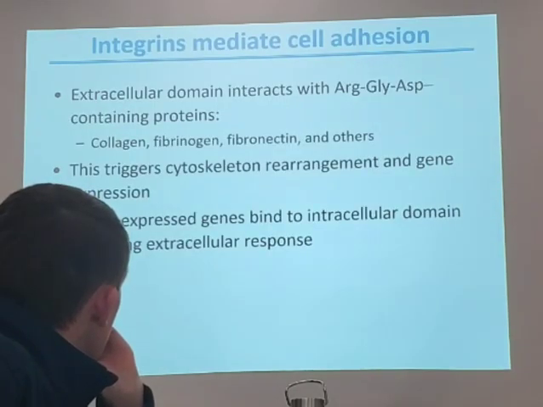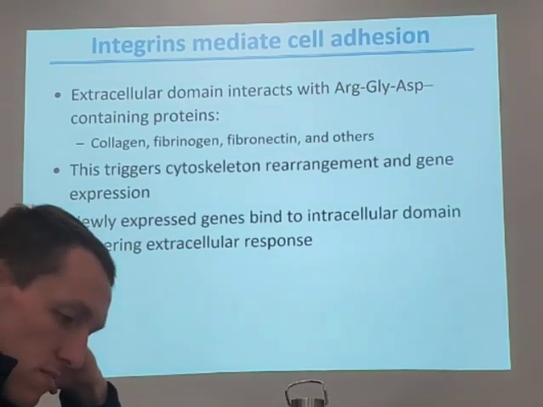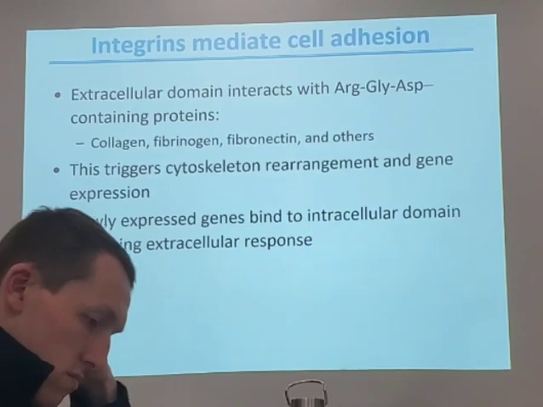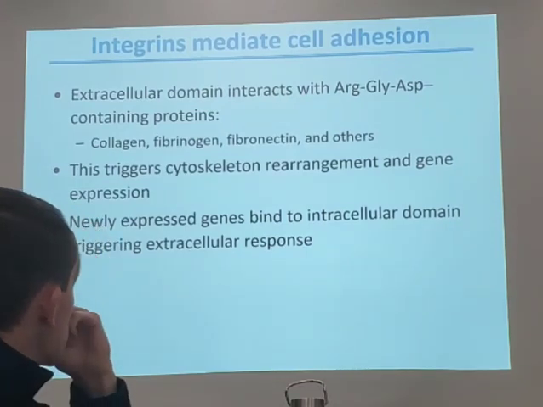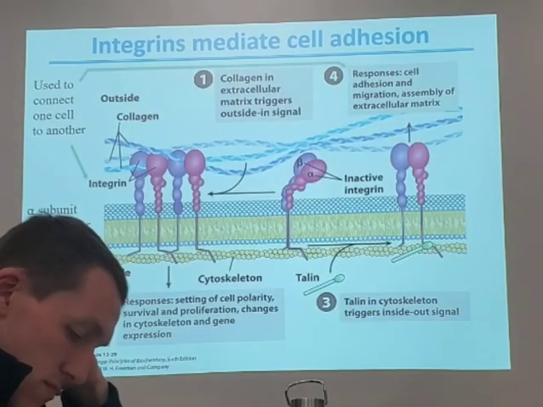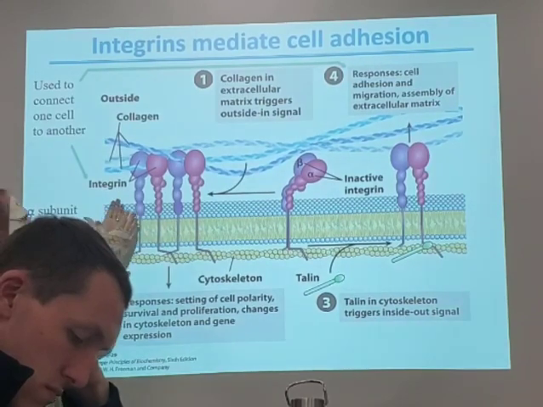So we move beyond that. Integrins interact with an extracellular domain of an arginine, glycine, aspartate containing type protein. So there's a specific amino acid sequence that these integrins like to react with. As they react, again, I mentioned that there's a specific diameter.